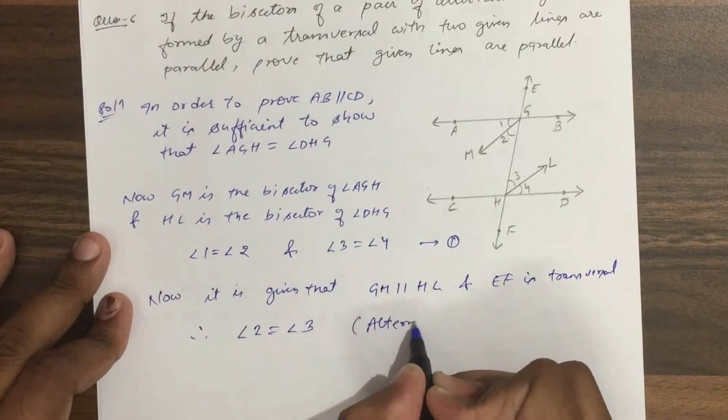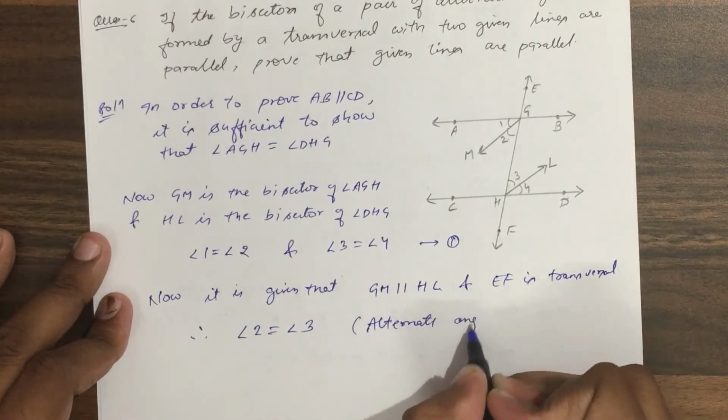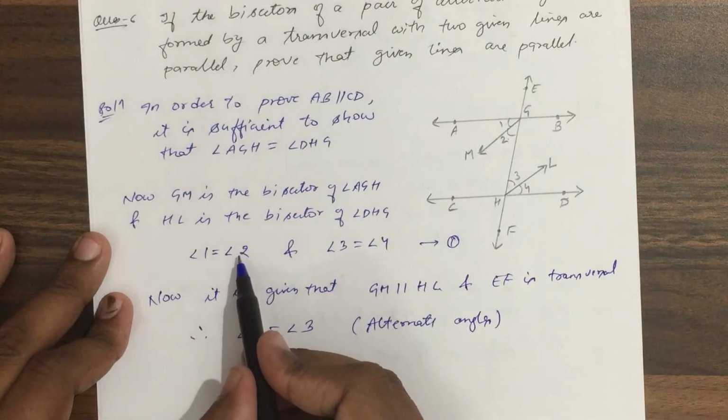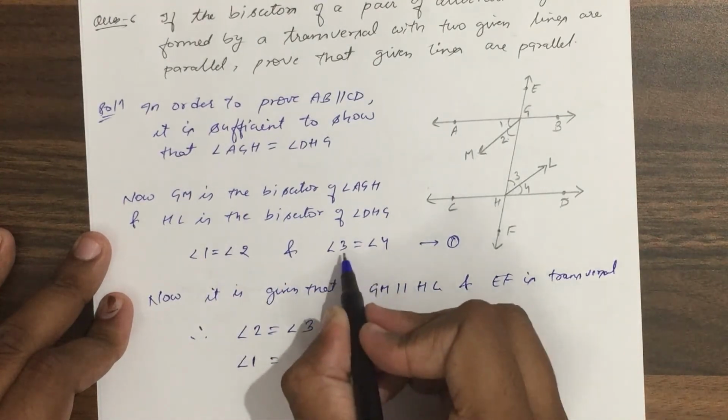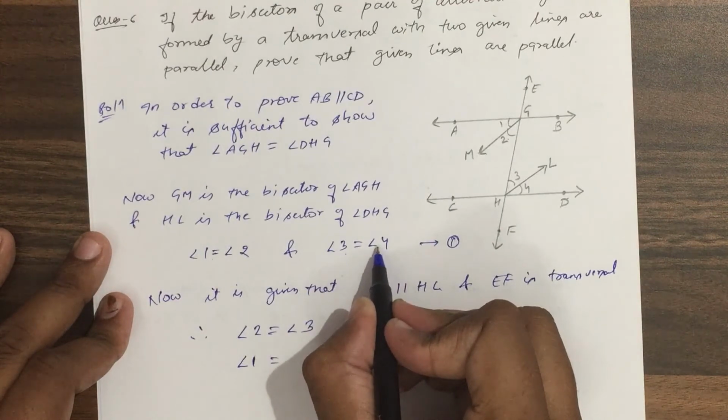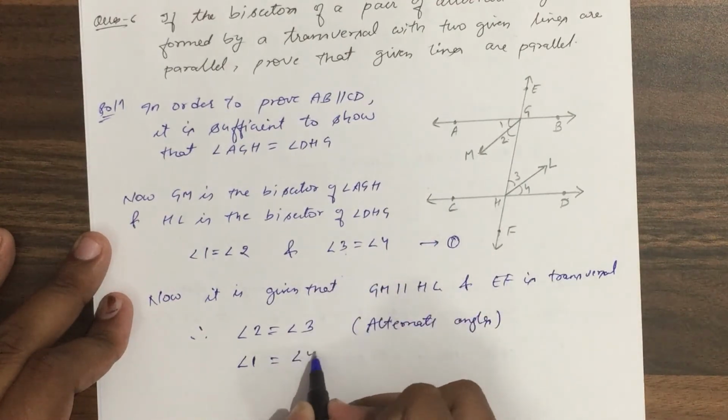Reason? Alternate angles. Now we know that angle 2 is equal to angle 1. So in place of angle 2 we can write angle 1, and angle 3 equal to angle 4, so in place of angle 3 we can write angle 4.